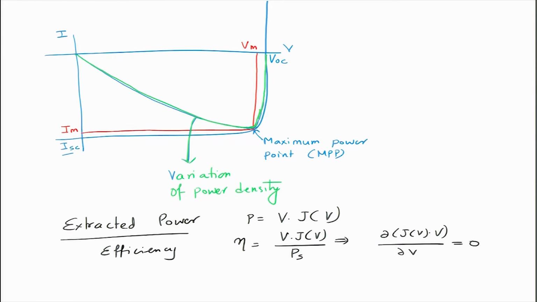So, when you take the derivative of power with respect to voltage, that should be 0. This is at the MPP, and this is where you achieve the maximum efficiency, or limiting efficiency, which corresponds to the MPP.